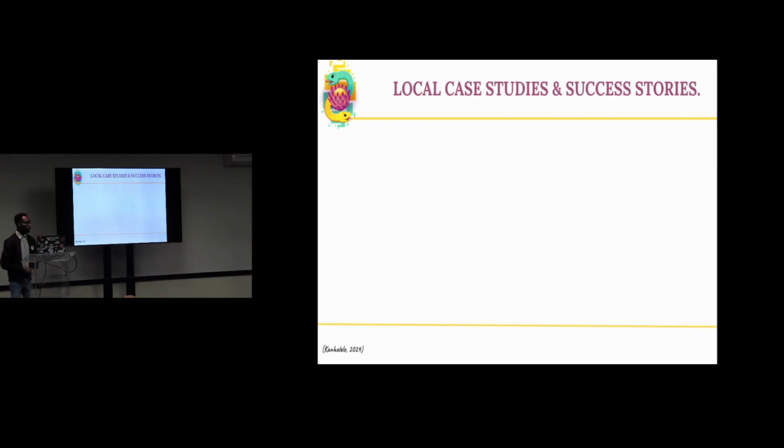Okay, so what are some of the local use cases and case studies? Scratch, MIT Scratch, the one with the mouse. MIT Scratch is widely adopted in Namibia and also in many schools that I have been into.